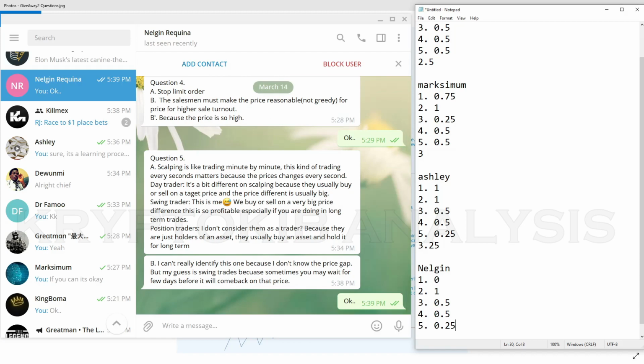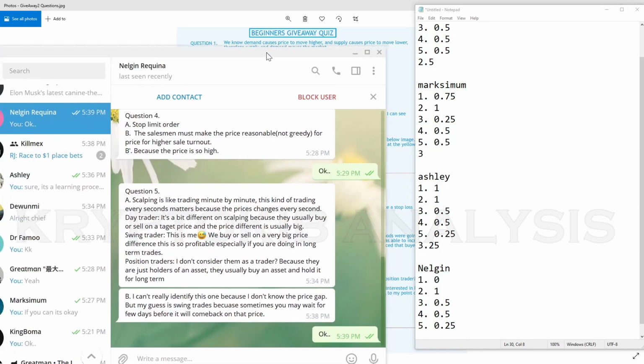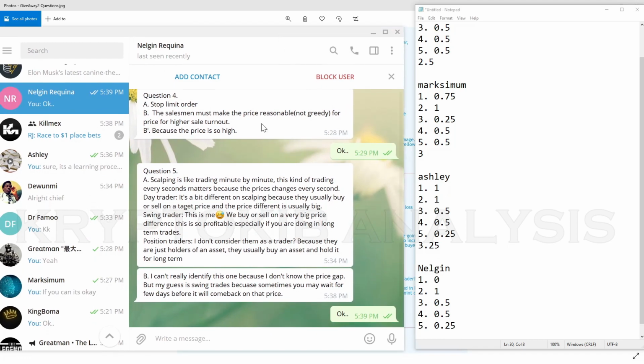Then the B, I can't really identify this one because I don't know the price gap. But my guess is swing trades because sometimes you may wait for a few days before it comes back to that price. It is not about the waiting time now. It is the fact that you are waiting. The question is, what type of trading am I? If there is a breakout, and instead of chasing price, you are choosing to wait for the retracement, so it's retracement trading. So it's not really swing. It doesn't matter if it takes 10 days or not.